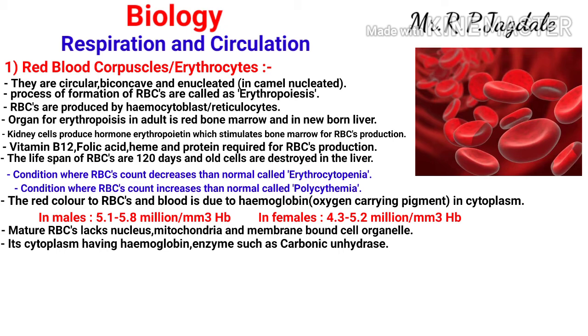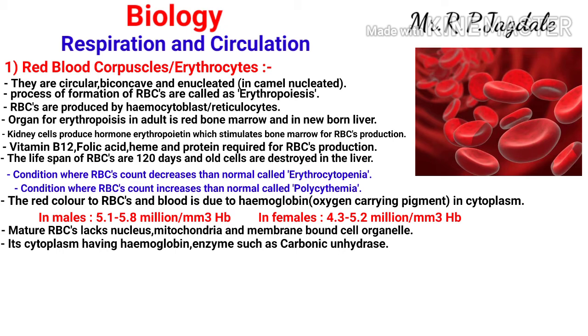We have seen the function of carbonic anhydrase in respiration, in the transportation of CO2 and O2. Carbonic anhydrase is important. It is present in the cytoplasm of RBCs, along with hemoglobin.